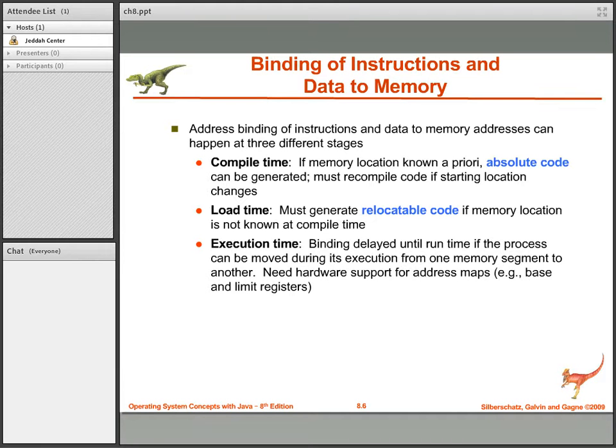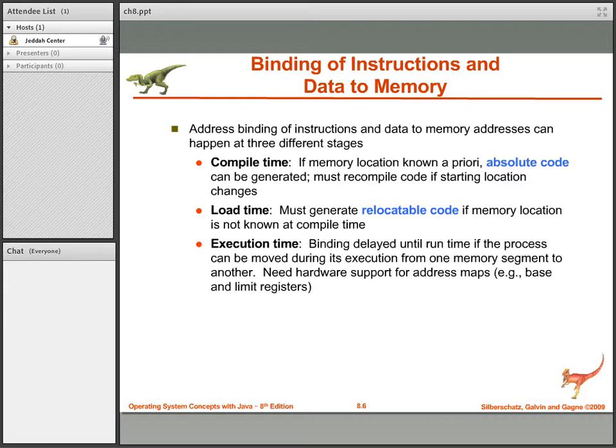The first stage is during the compile time. If the memory location is known beforehand, absolute code can be generated, and we must recompile the code if the starting location changes within the main memory.